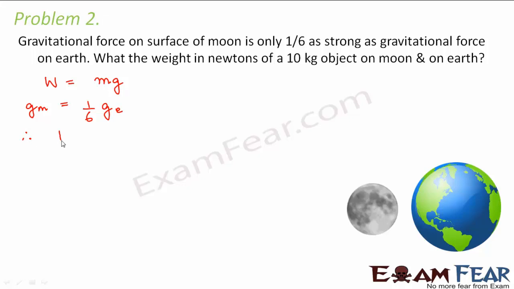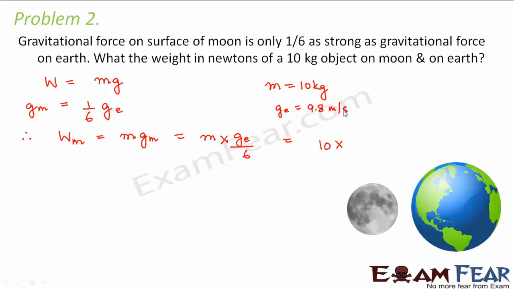Therefore, the weight of the object on the moon will be equal to the mass of the object, which is given as 10 kgs, into gE, that is the acceleration due to gravity on Earth, equal to 9.8 meter per second square. We determined that value in one of our previous slides, right? So this will be 10 into 9.8 divided by 6. This comes out to be 16.34 newtons. So this would be the weight of the object on the moon.